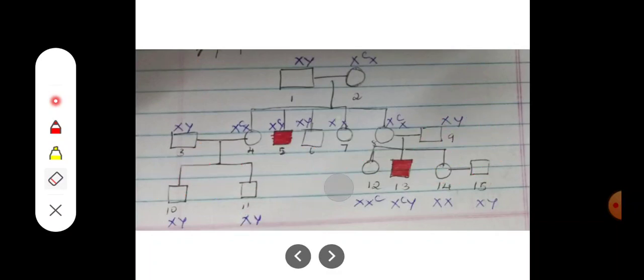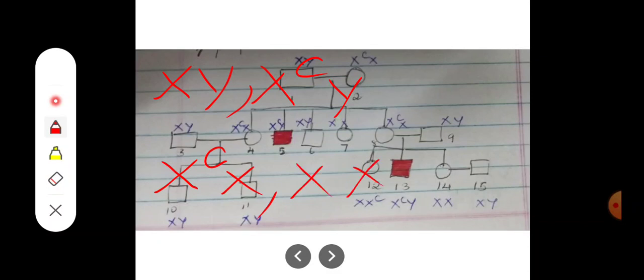It should be either XY or X^C Y, which means the father is affected. In the case of a female, it should be X^C X, or she can be XX without disease and not a carrier. In some cases, if the woman is affected, it will be X^C X^C.